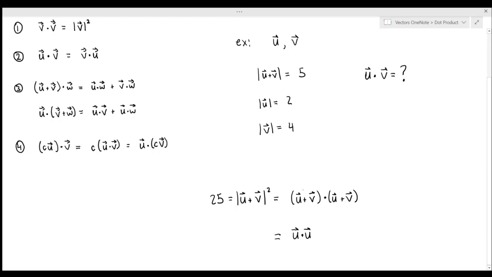And then we could do plus u dot product with v, and then plus v dot product with u. And then finally plus vector v dot product with itself.